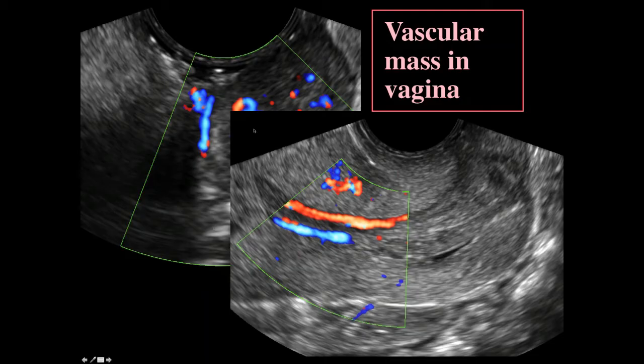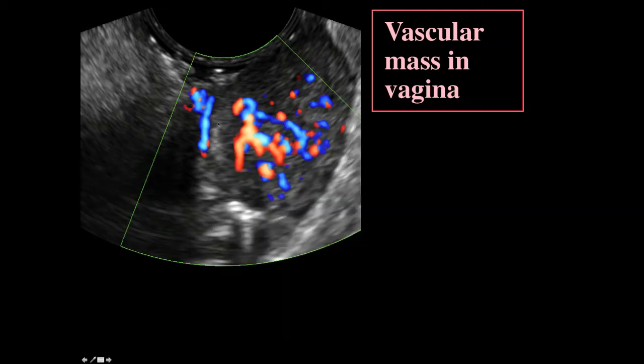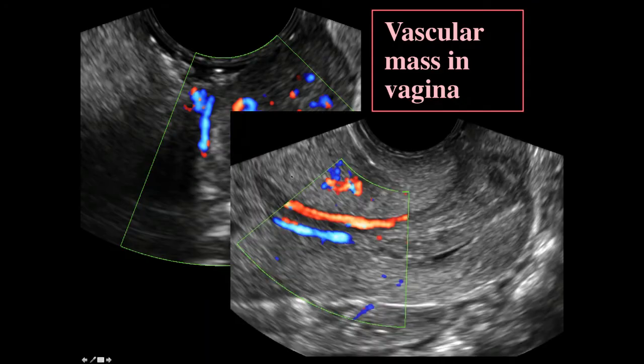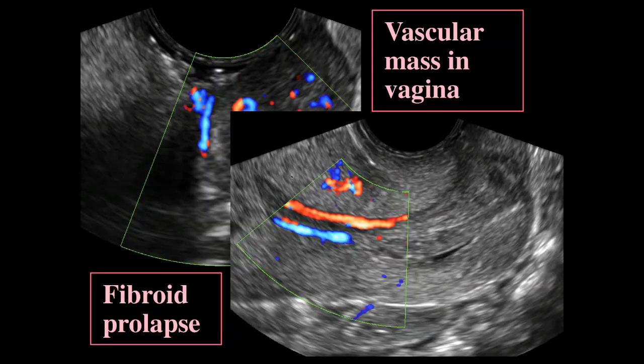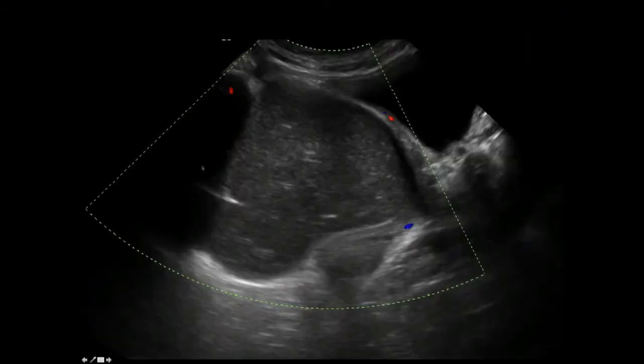So I thought this was going to be a polyp and even a malignancy. It turned out on pathology, to my surprise, and I lost a bottle of wine over this, it was a prolapsed fibroid that was benign. So you never know what's prolapsing, but things that prolapse from inside the uterus, obviously the differential is going to be different.